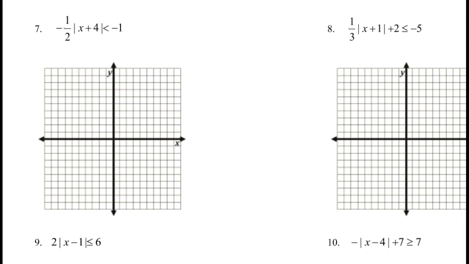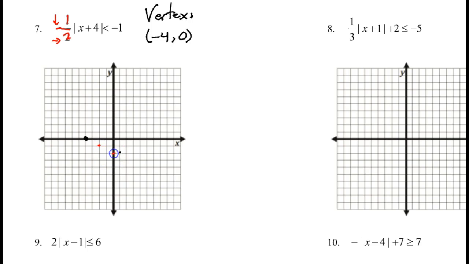More practice. So we'll have a vertex at negative 4, 0. Okay, so opposite of this number, negative 4. 1, 2, 3, 4. Okay, 0. Our slope is down 1, right, negative 1 over 2. So down 1, right 2.